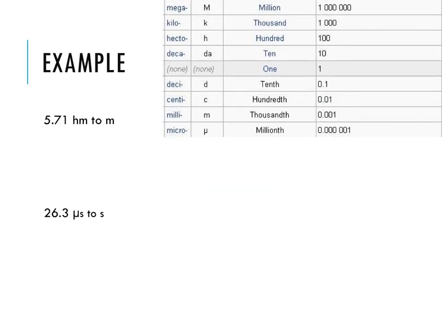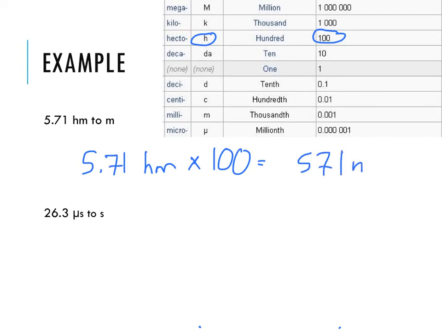Just so that we have a couple examples of our different units that we can use with our metric prefixes. Let's say I've got 5.71 hectometers. We can see here hecto means that it's 100 times larger than a meter. So I'm going to multiply by 100, and I should end up with 571 meters.